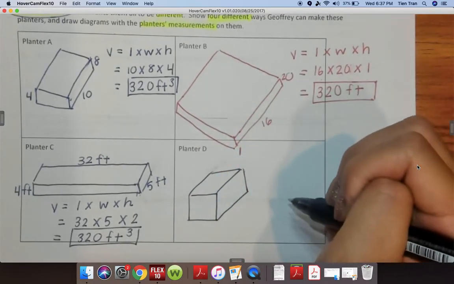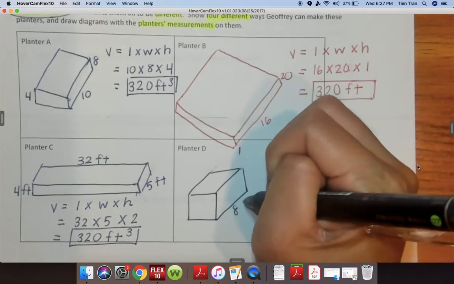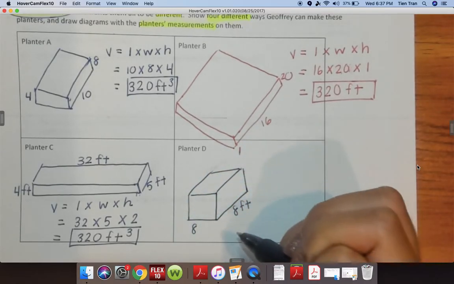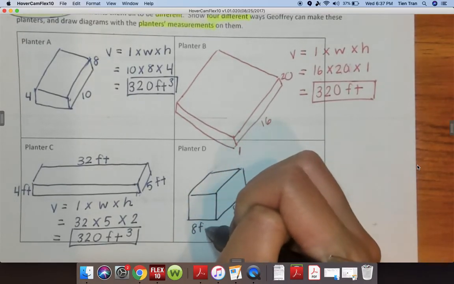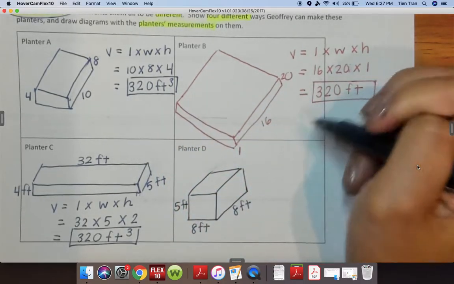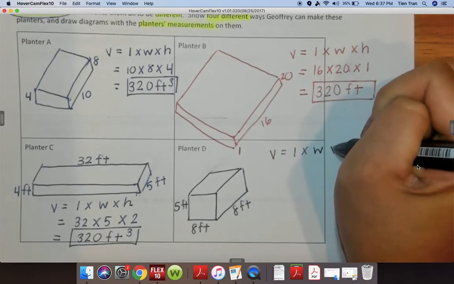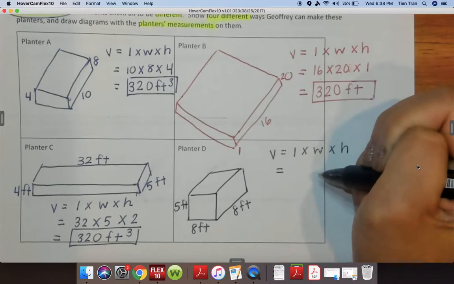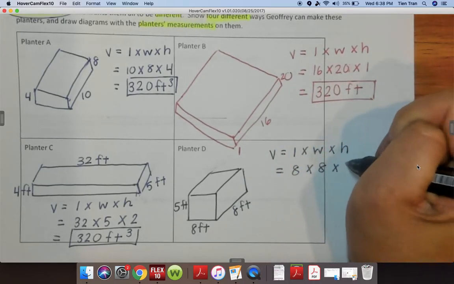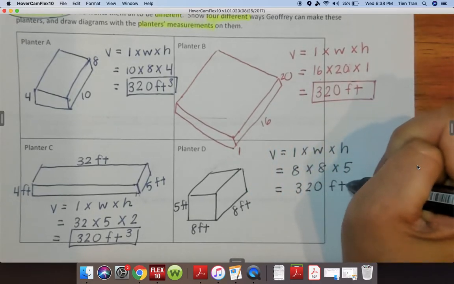Okay, so I'm going to label my length 8 feet, and I'm also going to label my length and width 8 feet. And then my height is going to be 5 feet. So volume is equal to length times width times height. So when I multiply 8 times 8 times 5, I'm going to get 320 feet.